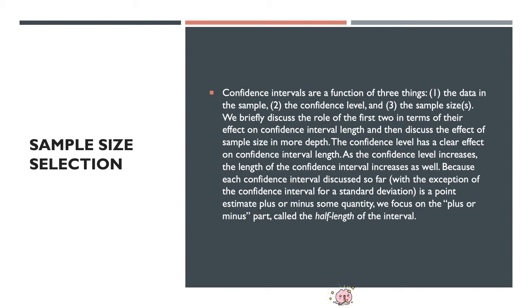The confidence level has a clear effect on confidence interval length. As the confidence level increases, the length of the confidence interval increases as well. Because each confidence interval discussed so far is a point estimate plus or minus some quantity, we focus on the plus or minus part, called the half-length of the interval.